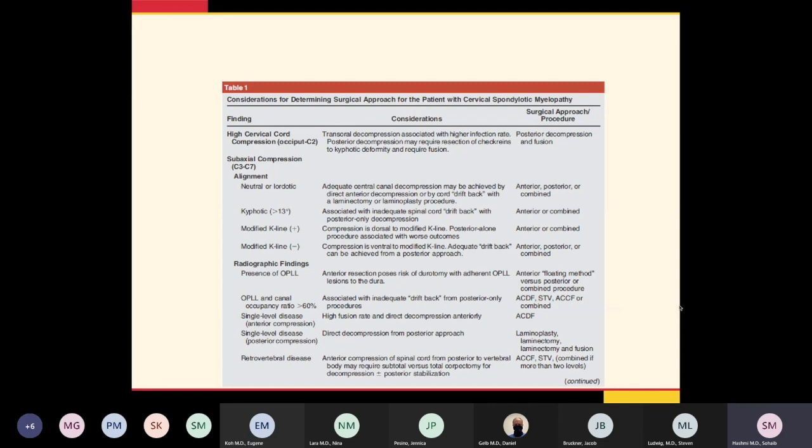The level of the cord compression should be evaluated both from MRI as well as X-rays, upright X-rays, and the alignment is important to understand in patients that are undergoing this as well at the level and above and below of that cervical stenosis. With a neutral or lordotic alignment, normal lordotic alignment of the cervical spine, it is anterior, posterior, or combined approaches depending on patient host factors that may play a part.